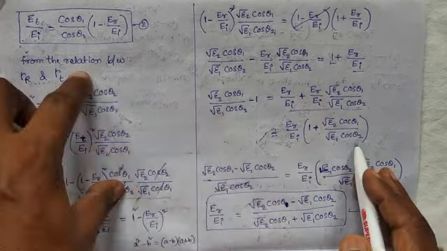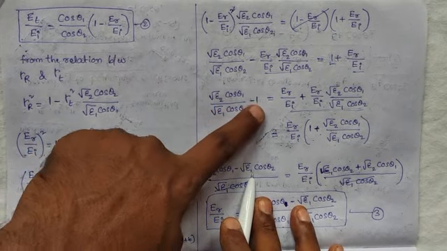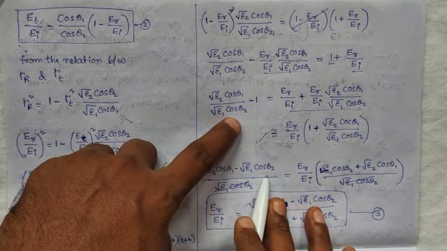Here we are performing LCM on both sides. LCM on this side is root epsilon 1 cos theta 2. Here root epsilon 2 cos theta 1 minus 1 is multiplied with this term, root epsilon 1 cos theta 2.